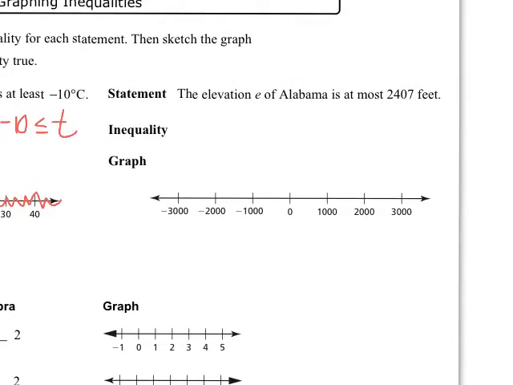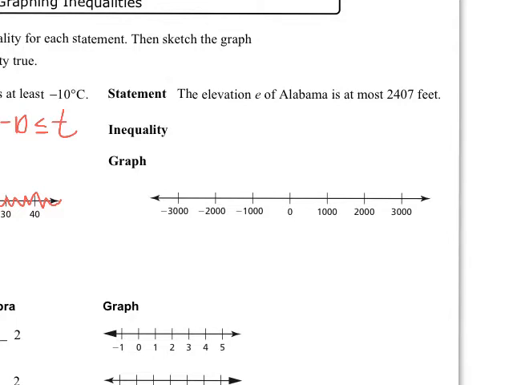So the elevation E of Alabama is at most 2,407 feet. Does that mean it has to be bigger or smaller than 2,407? Smaller. If it's at most 2,407, it has to be smaller than that. Can it be equal to 2,407? Yes, it can be, right?